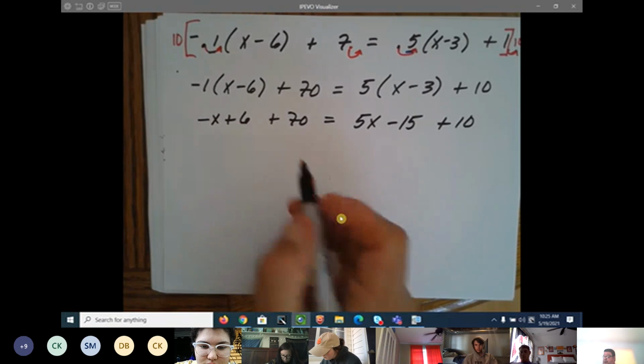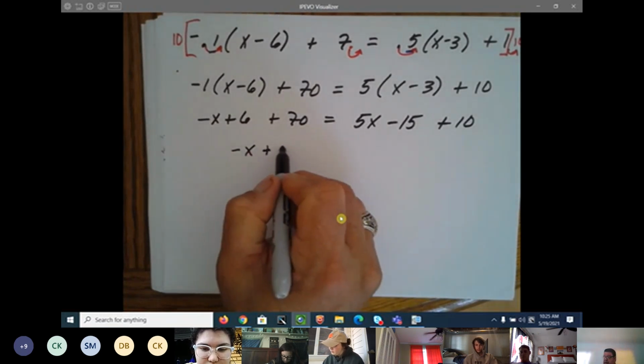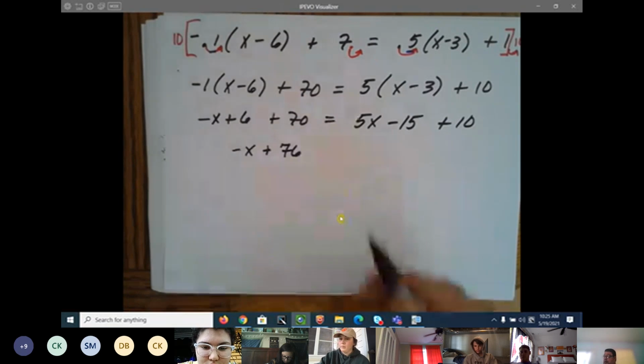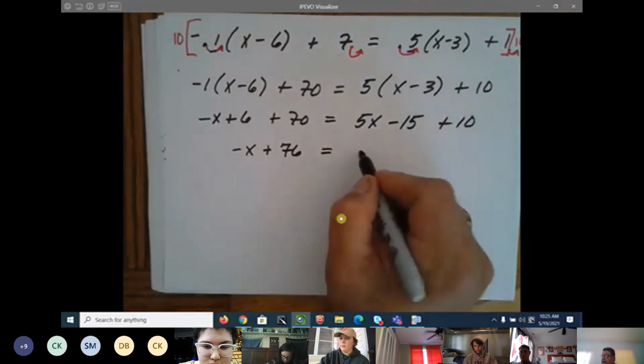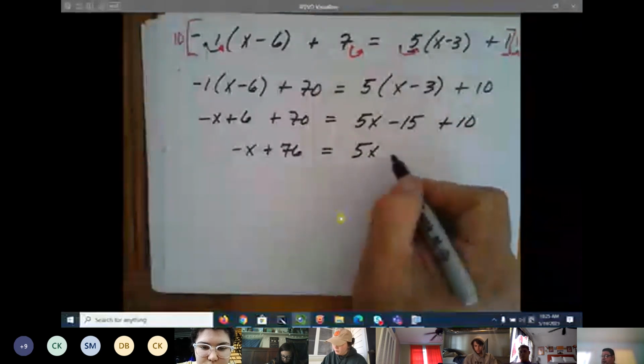Combine like terms: negative x plus 76 equals 5x minus 15 plus 10 is minus 5.